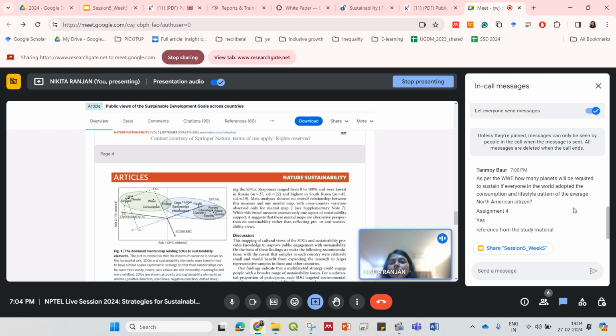But if you are unable to find it, I'll post the reference material for this in our shared files. In this week's PPT only, I'll attach the reference material for it because I don't have it right now in the presentation, so it's difficult for me to find and share. But I'll share this reference material in this week's PPT. Is that okay?